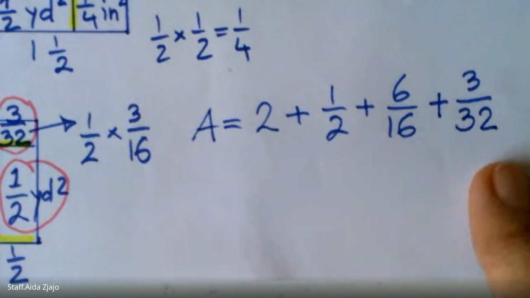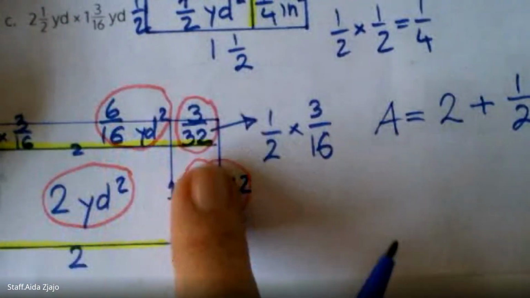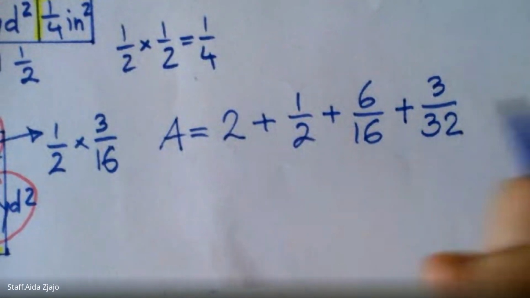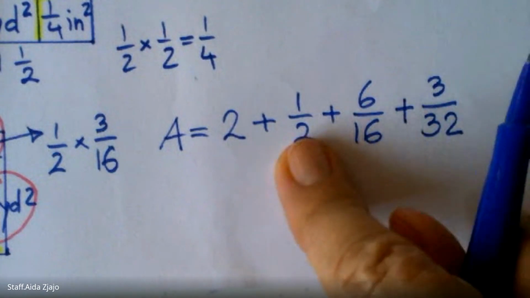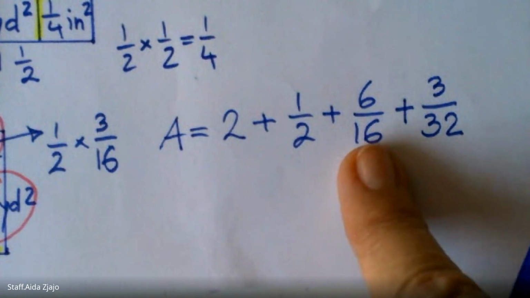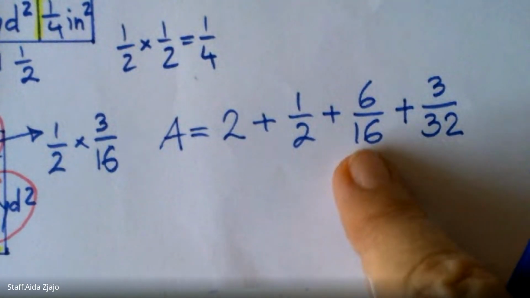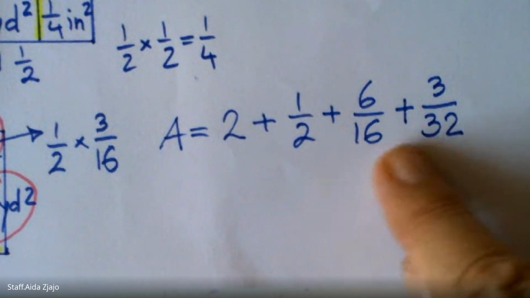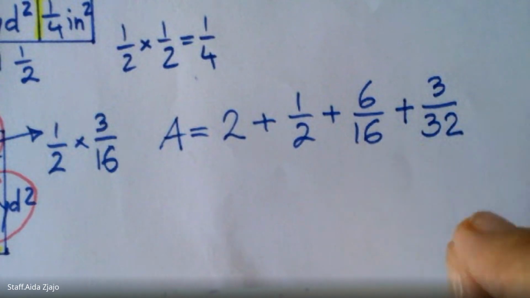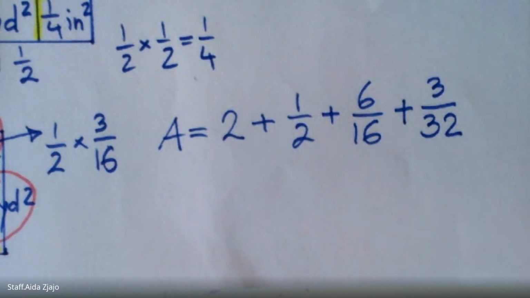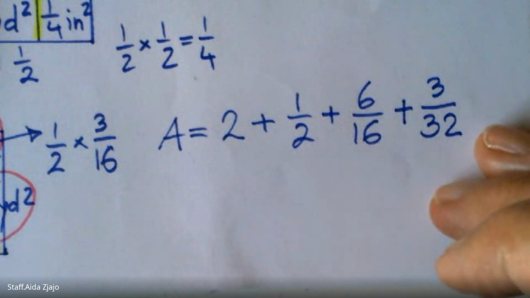Those are the parts that I take, and now I'm going to add them together to find the area. The half is much bigger than 16ths, and a 16th piece is much bigger than a 32nd. So this is a really small piece, but I have to change them all to the same size.